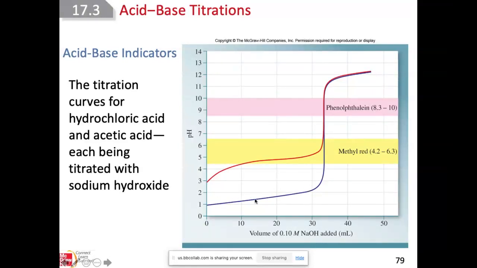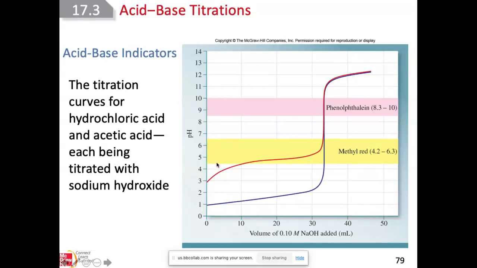We know that at the equivalence point for strong acid and strong base, the pH is 7. But acetic acid is a weak acid, also being titrated with a strong base, so at the equivalence point it will have a strong conjugate base. That conjugate base will make the solution basic.